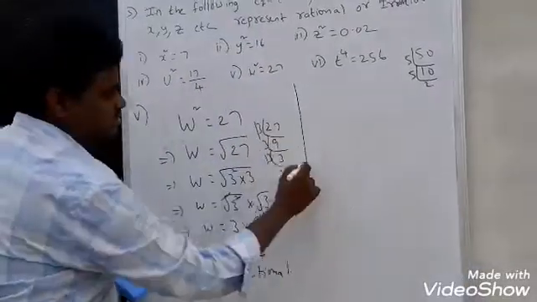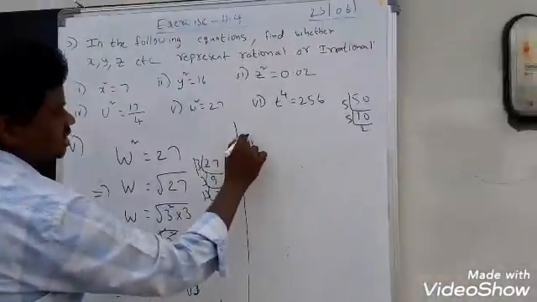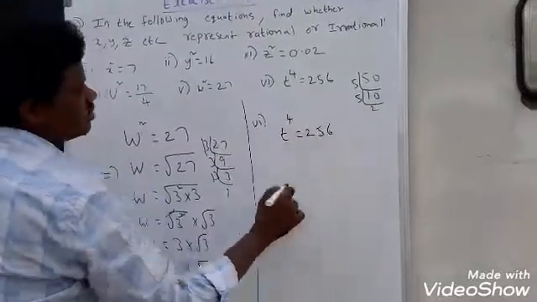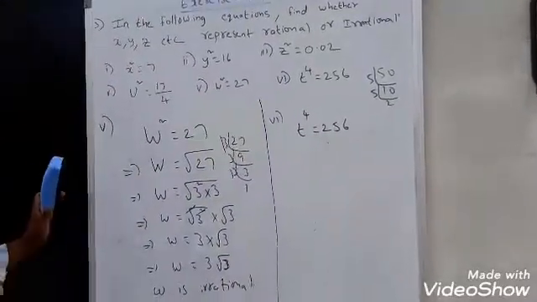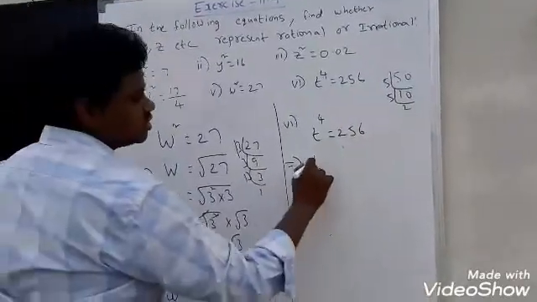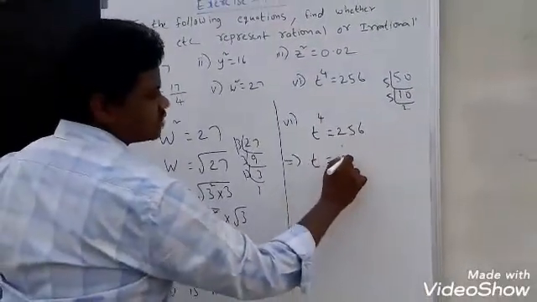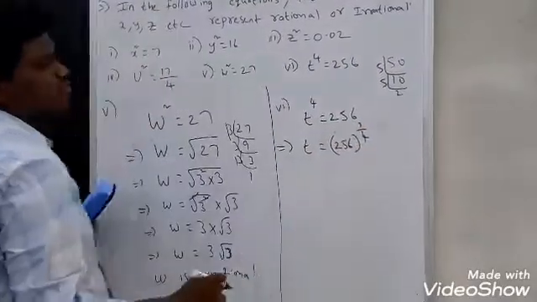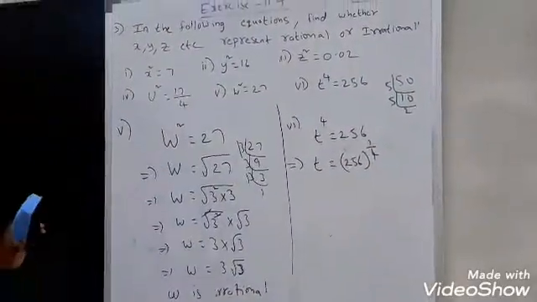If we explain the same kind of problem, the sixth one here: t power 4 equal to 256. t power 4 equal to 256 implies t equal to, since the power is 4, 256 whole power 1 by 4.